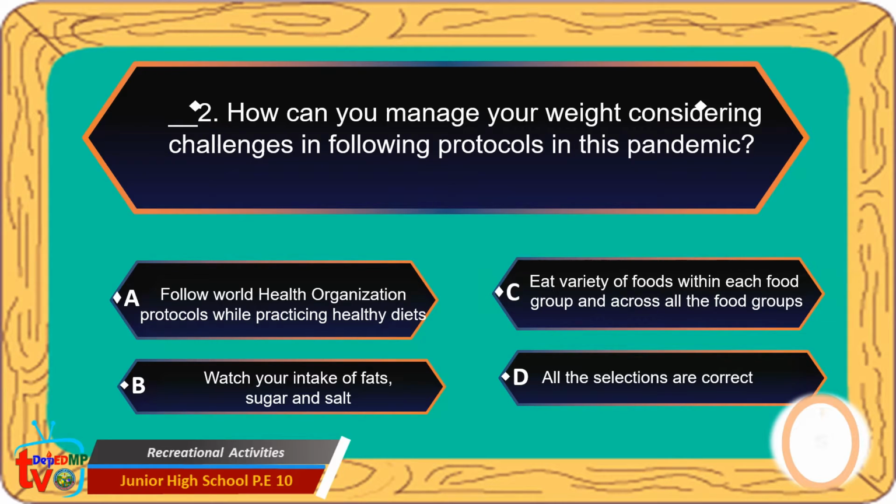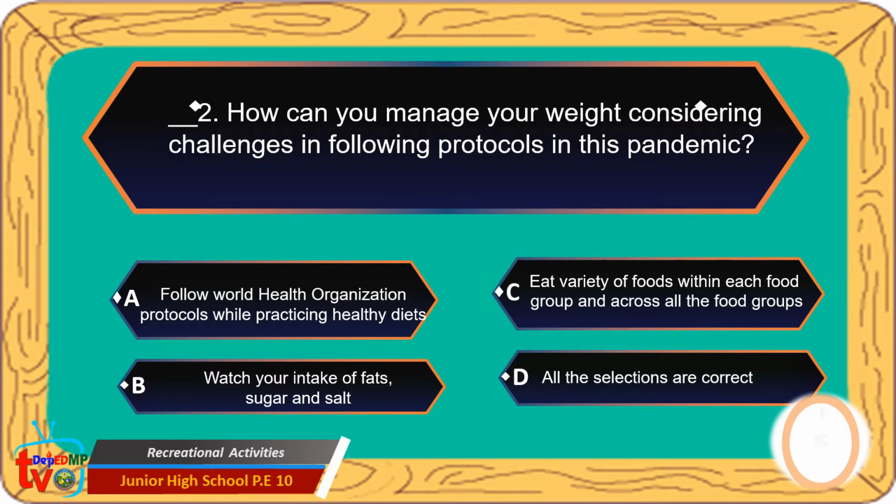Number 2. How can you manage your weight considering challenges in following protocols in this pandemic? A. Follow World Health Organization protocols while practicing healthy diets. B. Watch your intake of fats, sugar, and salt.